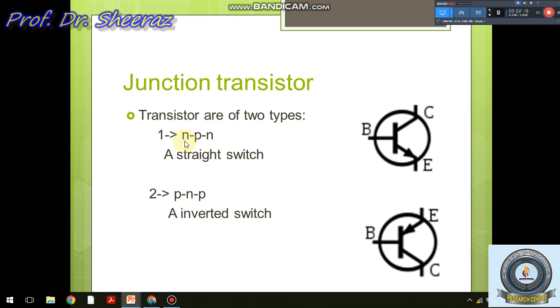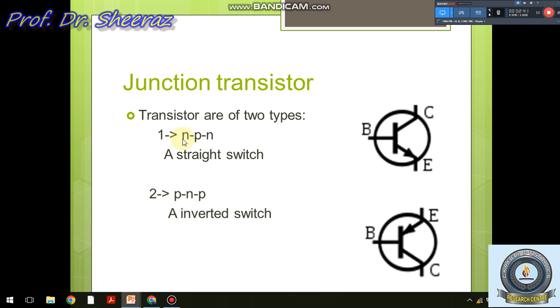Now NPN means that the emitter is N type, base is P type and collector is N type. So it is called a straight switch. Now N stands for negative carrier and P is for the positive carrier.